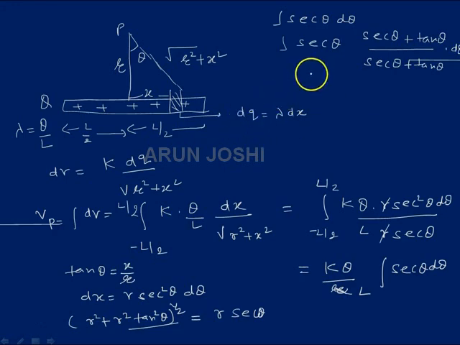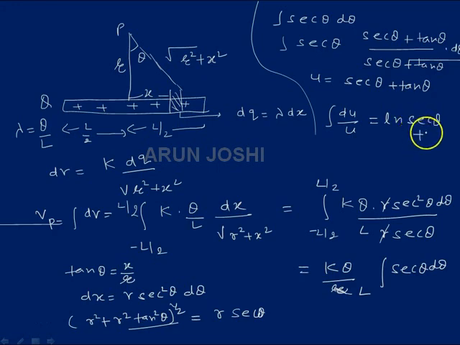Now you can use u equal to sec theta plus tan theta, and you can easily solve it, because you will get the form du by u, and you will get ln of sec theta plus tan theta plus constant of integration.